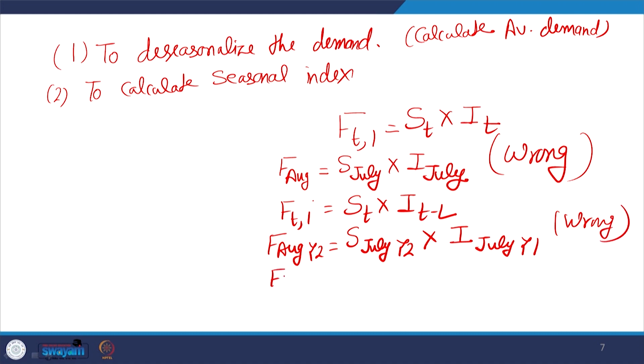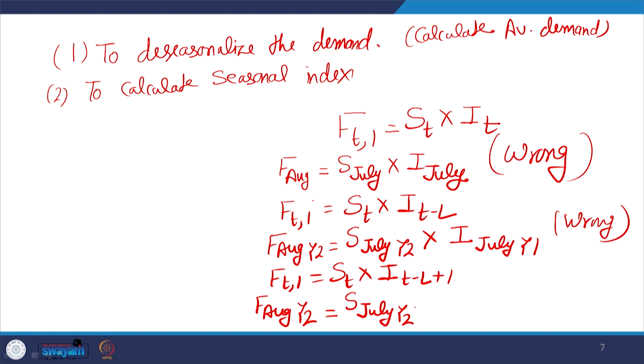Now, if I use F_T+1 equal to S_T into I_(T minus L plus 1), it means F of August Y2 equal to S July Y2 into I. Now, T minus L was July Y1, and plus 1, July plus 1 means August.